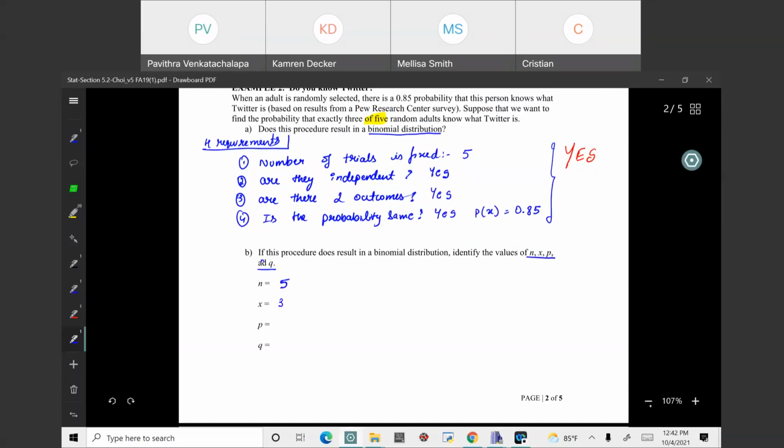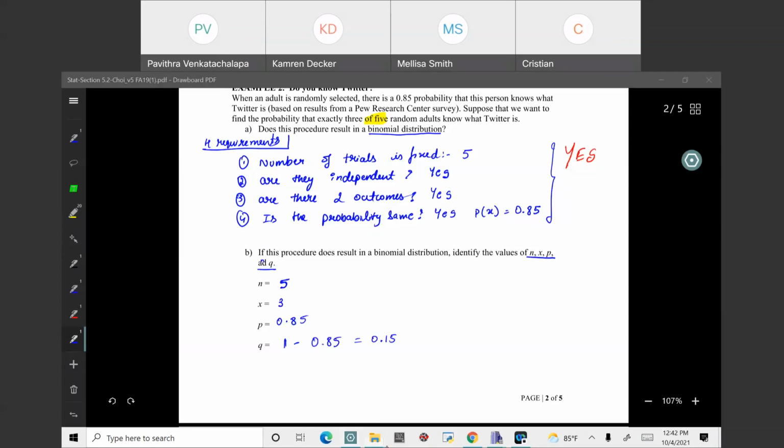What is small p? Probability of success, 0.85. What is q? 0.15. How did you get that? 1 minus 0.85, which is equal to 0.15.